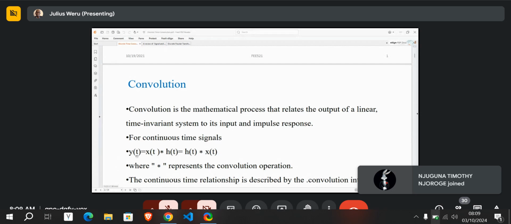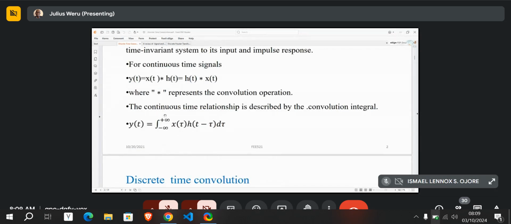So of course, that's a symbol. What it symbolizes is actually this operation. That symbol, the actual mathematical operation is this one. That's y of t is the integral from negative infinity to infinity of x of tau.